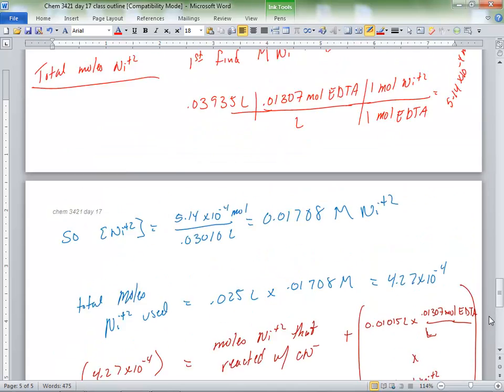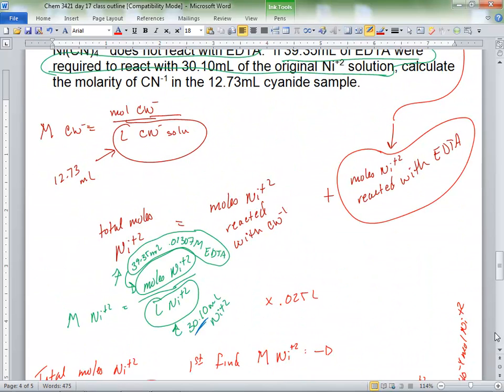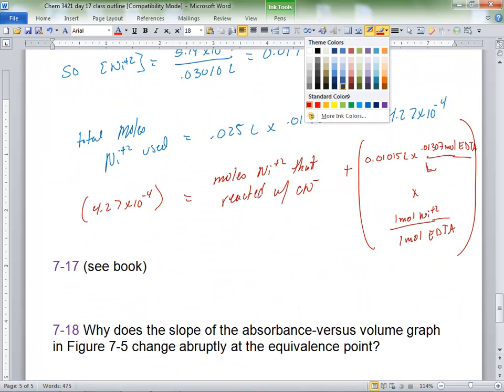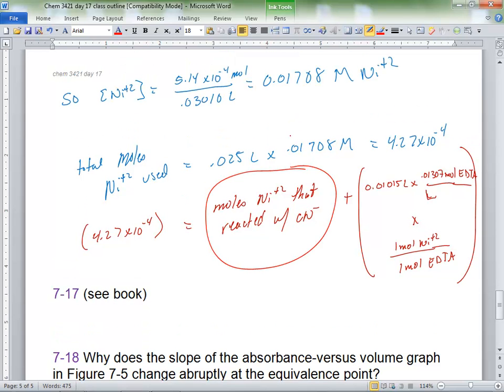All right. Make sense? And then just convert this. Once you solve for it, that's it, right?